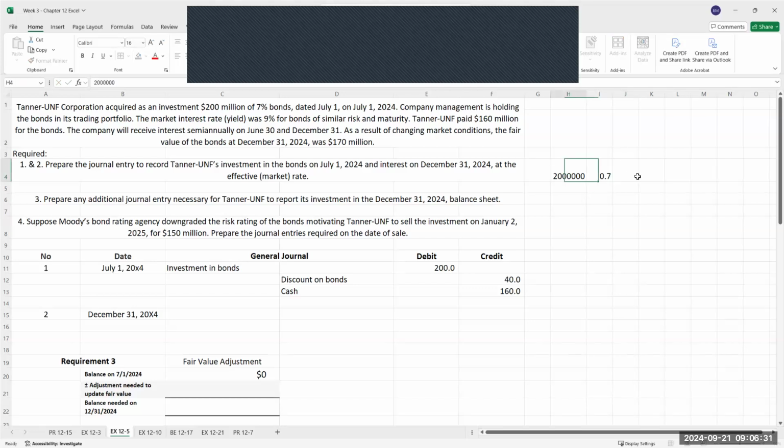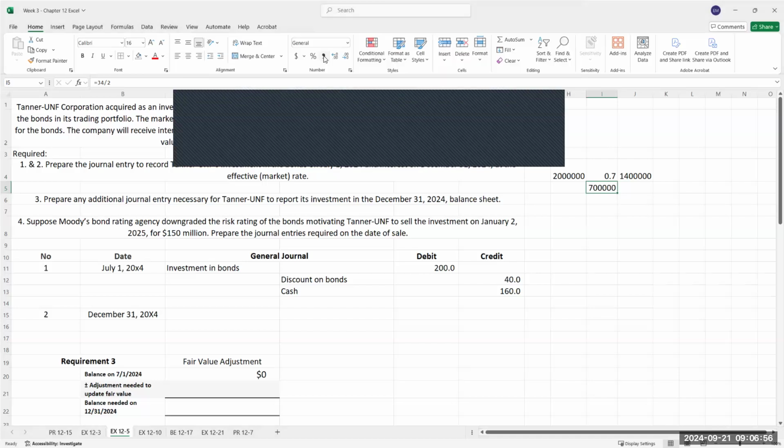We can do it this way: 200 million multiplied by 7% gives us 14 million, right? So 14 million represents the interest that we are going to pay for the entire year. But since we are paying them twice a year, this 14 million would be divided by 2. So every 6 months, we are paying $7 million.